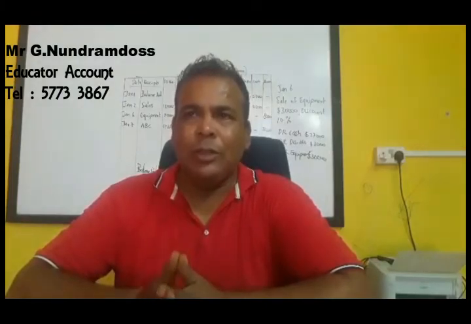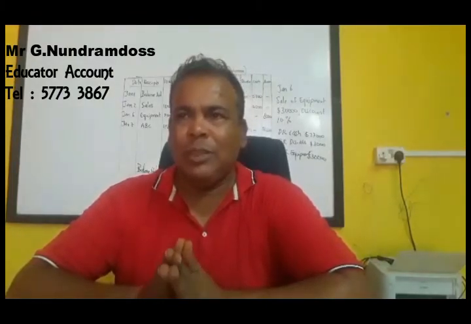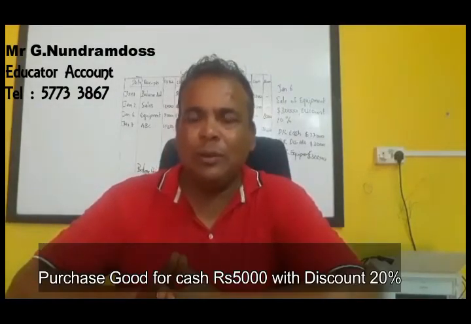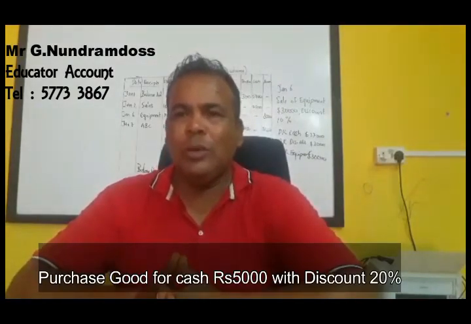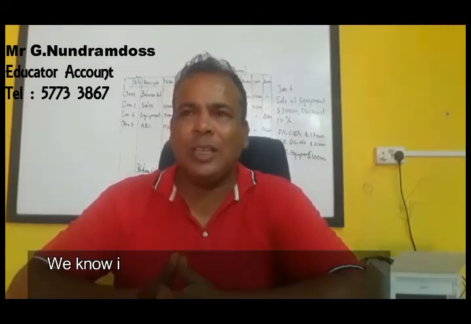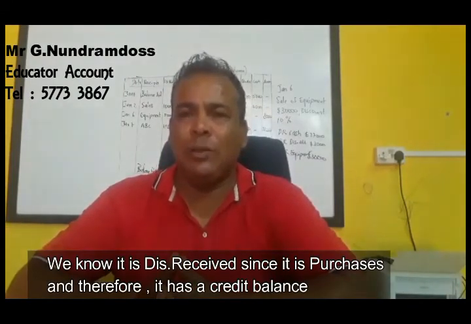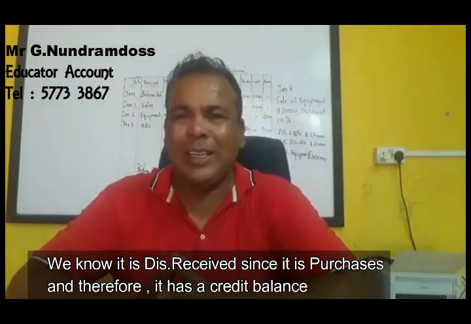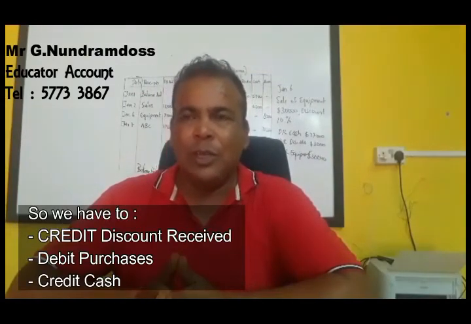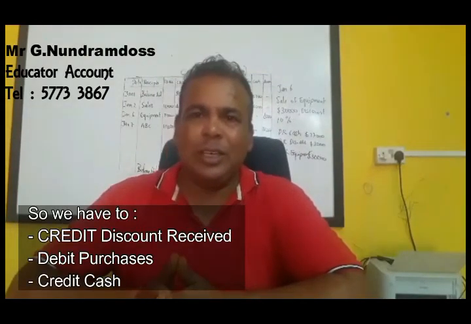Now, if we are going to use the same example, purchase goods for cash, 5,000, discount 20%. So we know the discount is discount received because we have the word purchases. If it is discount received, it will have a credit balance. Therefore, we have to calculate the discount, credit discount received, debit purchases, credit cash.